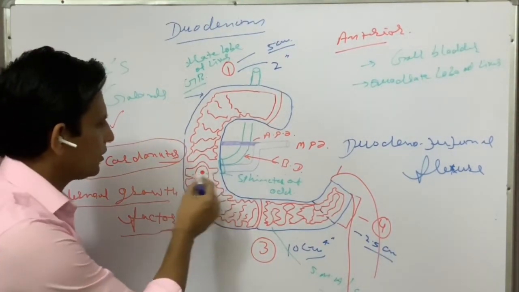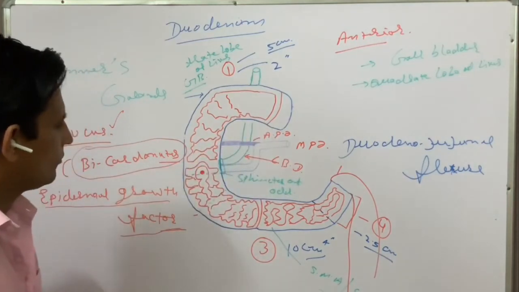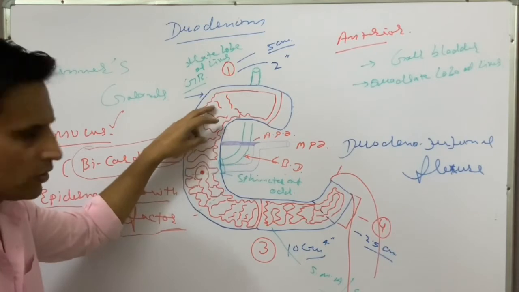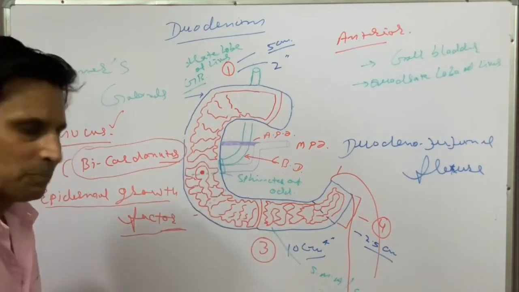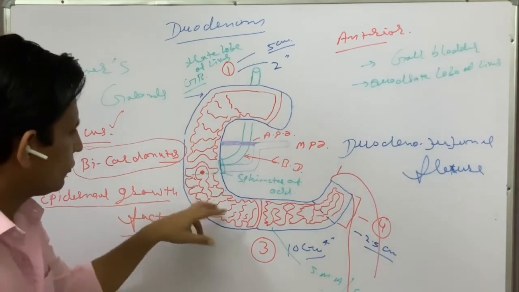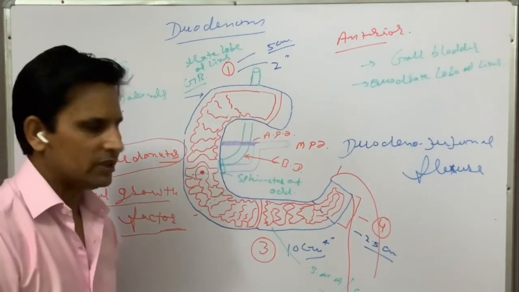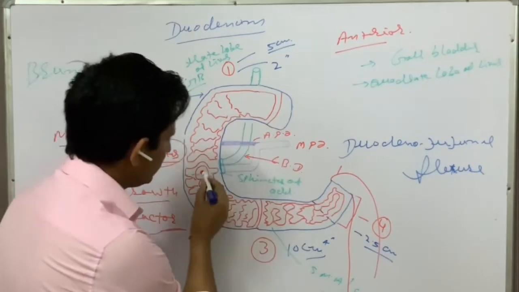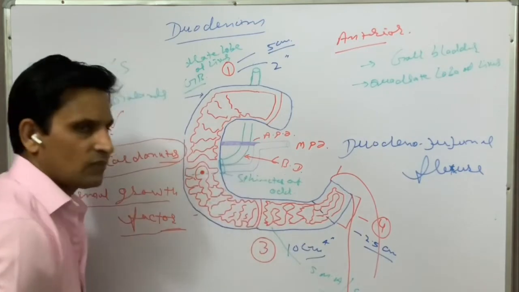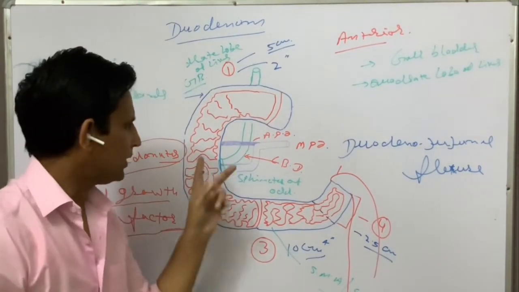Above the sphincter of Oddi is the portion which develops from the foregut, and this lower portion develops from the midgut. So there will be two kinds of supply. This portion will be supplied by some vessels, and this portion by other vessels. So there are two sources of blood supply.